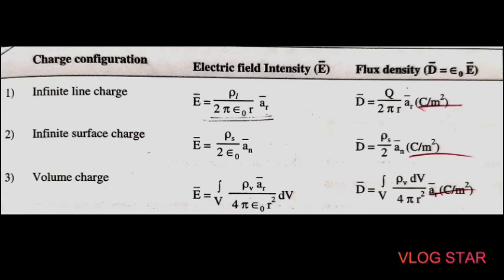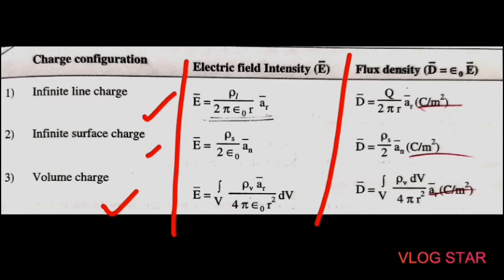This Coulomb per meter square is nothing but the unit of D bar. So these are the three formulas for the infinite line charge, infinite surface charge and volume charge. The second column is for electric field intensity and the third column is for flux density.